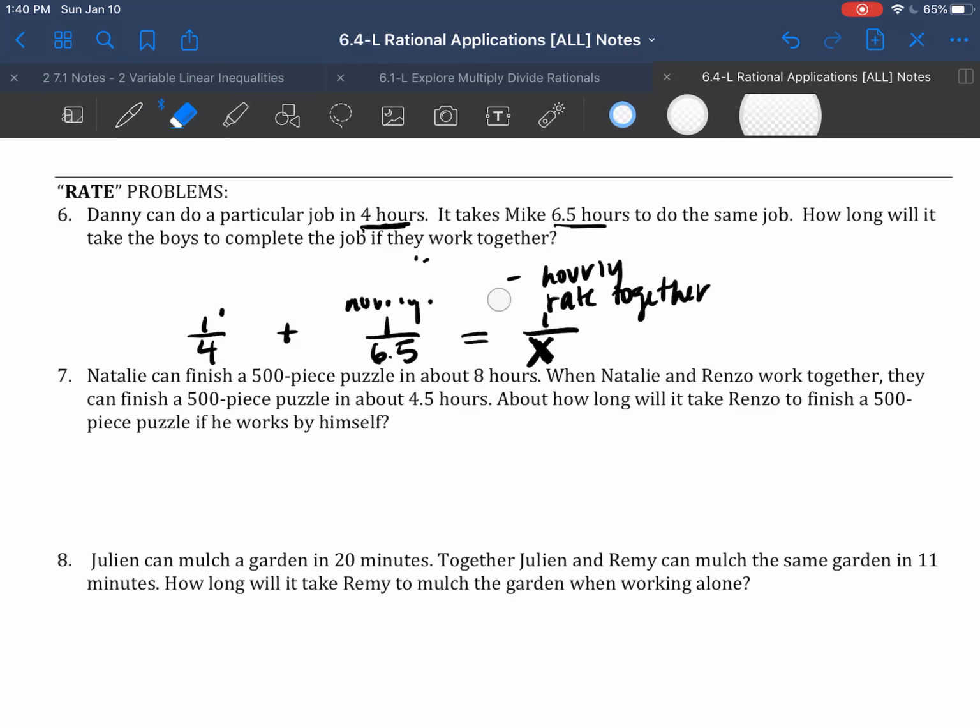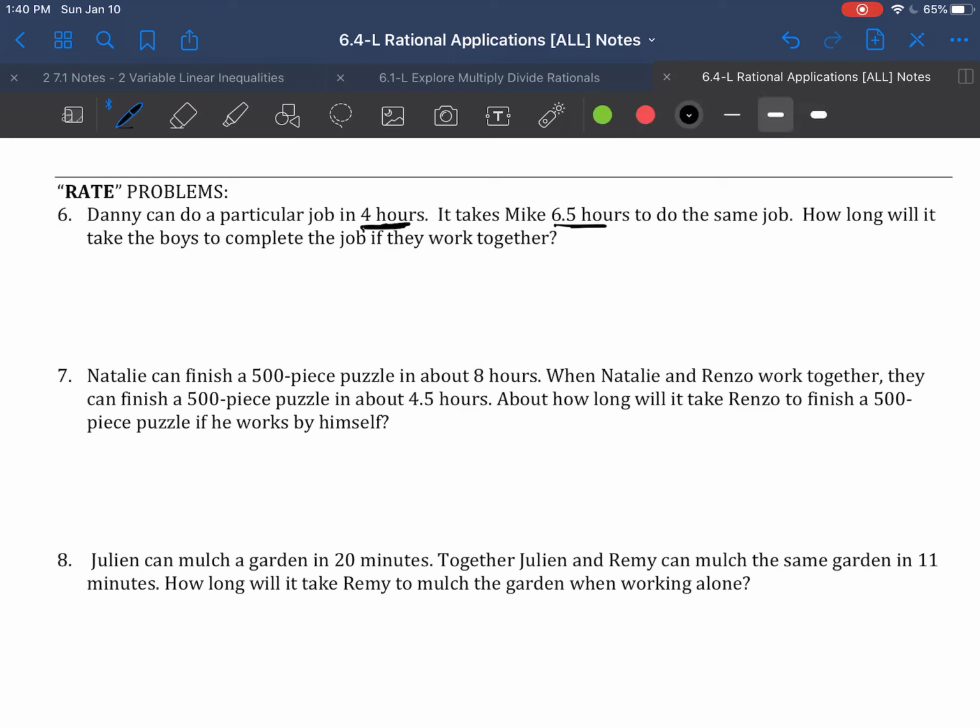Okay, so I'm going to clear this off so I have more room. Okay, so 1/4 is Danny's rate plus Mike's rate equals their rate together. Okay, so just like we've always done with rational equations, we have to get a common denominator across the board. Okay, and so they're all going to need an x.